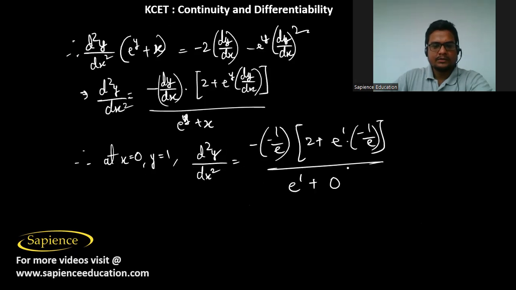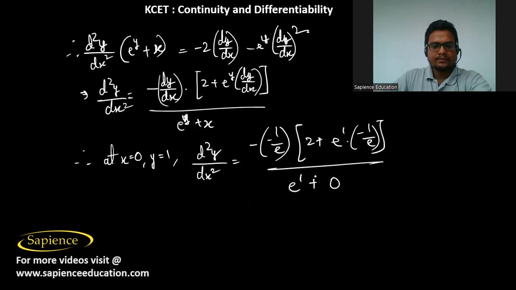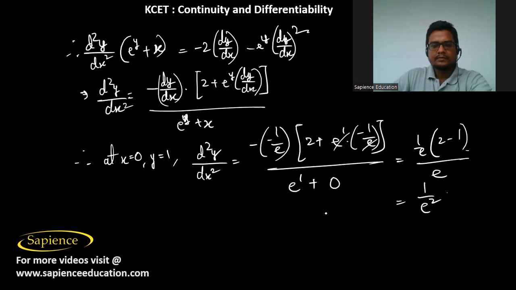So d square y by dx square will be equal to 1 by e into 2 minus 1. E and e will get cancelled by e. So this will be 1 by e square.